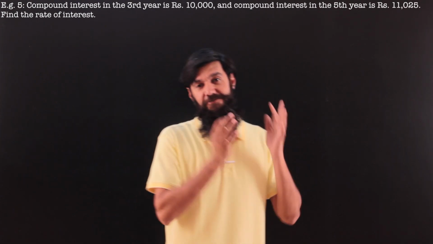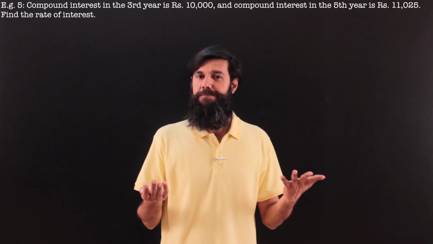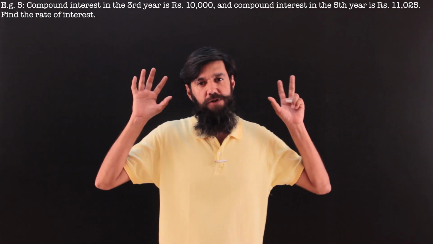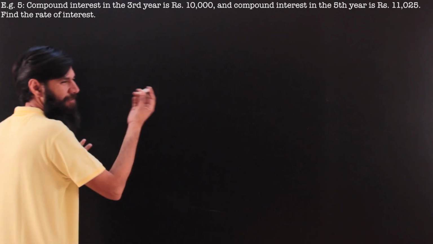And the only other possible way in which the question could be framed is, if the compound interest in the 3rd year is rupees 10,000 and the compound interest in the 5th year is rupees 11,025, find the rate. So the setting is same for 3rd and 5th year, but what is different is now the two values are given, the rate is unknown. It doesn't matter really.